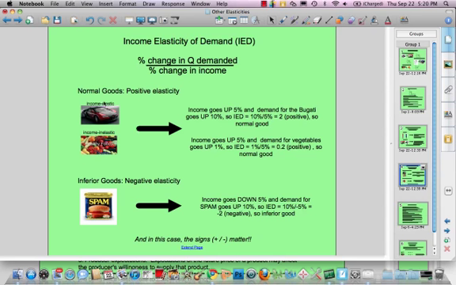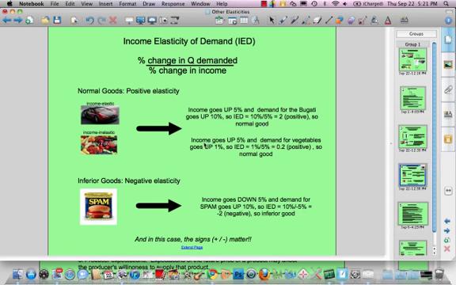So let's say in 2 examples here, income goes up 5% and demand for the Bugatti car, this one happens to be a $2.8 million car, so it's high on the luxury scale. If demand goes up 10% as a result of national income going up 5%, the income elasticity of demand is 10% over 5% or 2, and it's positive, so it's a normal good.